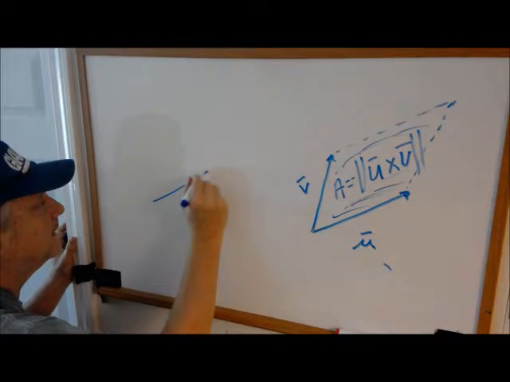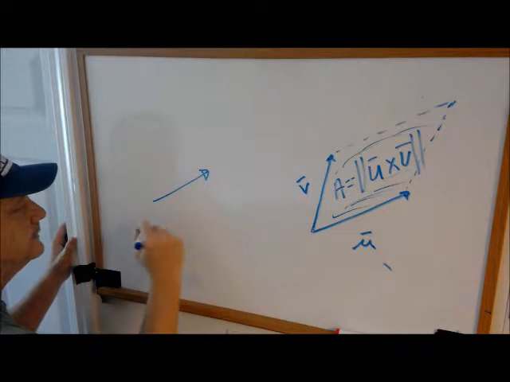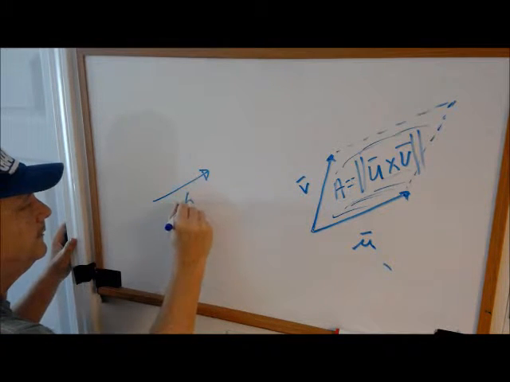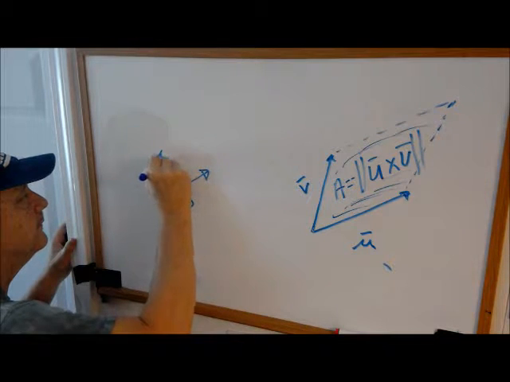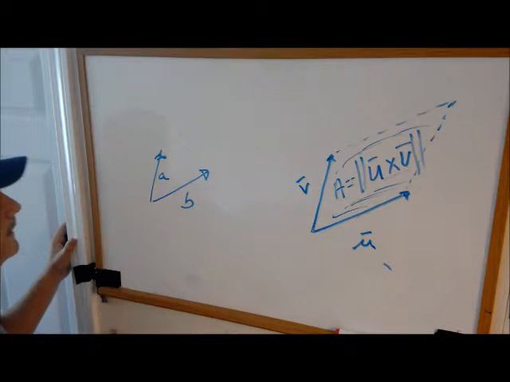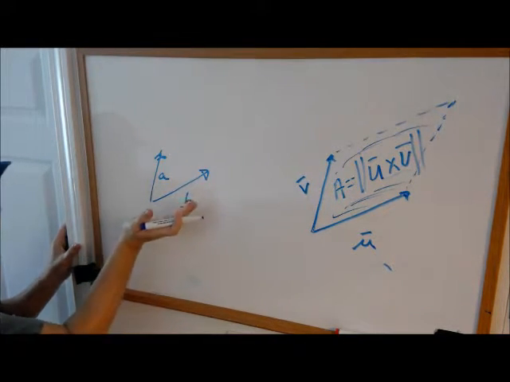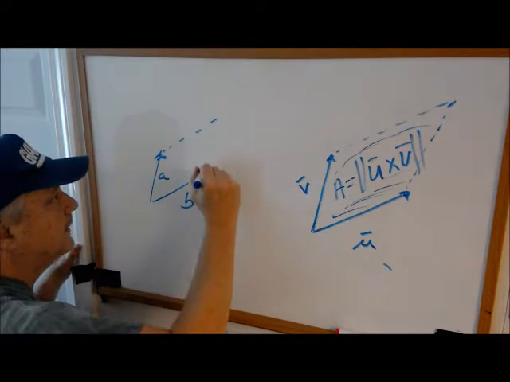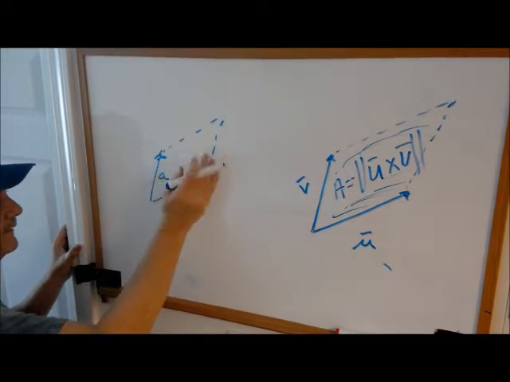If we had, say, I'll use, I don't know, B, A, so we could do B cross A and take the magnitude, that would give the area.